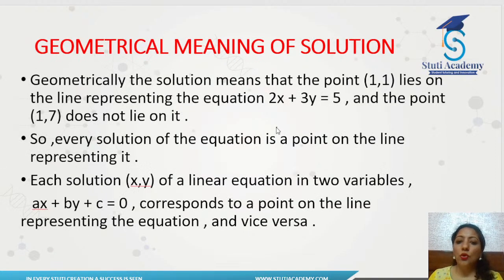We also know that a linear equation in two variables, when we draw its graph on a Cartesian plane, we always get a straight line. Every solution will be a point on the line represented by the linear equation and vice versa. Vice versa means all the points lying on the line will be solutions of the equation.